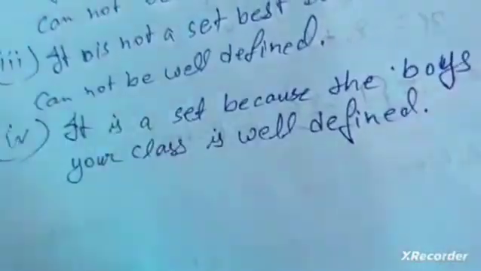Fifth number, the collection of all natural numbers less than 100.